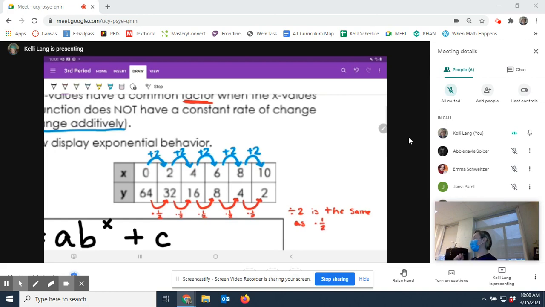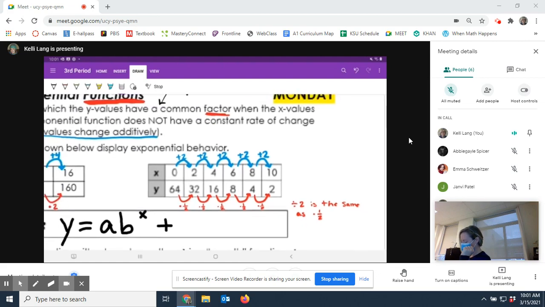So if your pattern looks like division, it's also multiplication, okay? And by the way, if any of you wrote divided by 2 here, that is correct. I just want you to recognize that a multiplicative pattern could also be division, just like an additive pattern could be subtraction, because you can add negatives instead of adding positives, right? So don't let things like that throw you off.